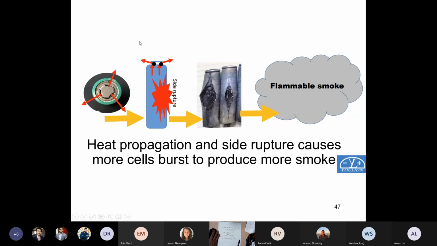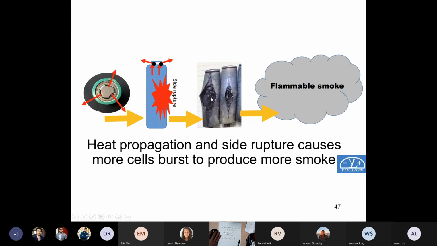This is the most insidious type of failure that you could get in a module. If you get side rupture of 18650 cells in a module, one cell gets hot, goes into thermal runaway, ruptures from the side, and then just causes its neighbor to go.